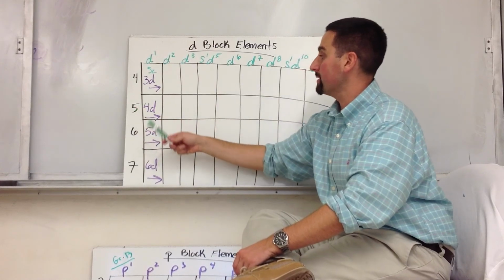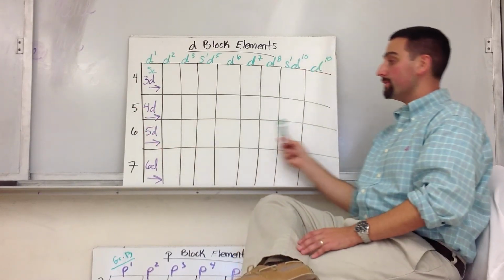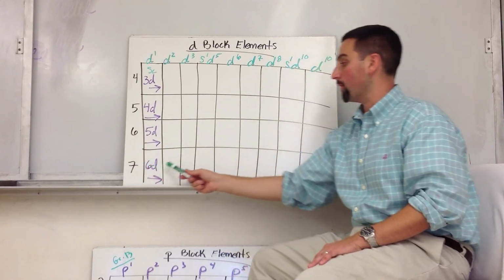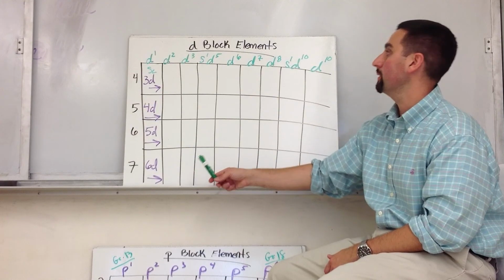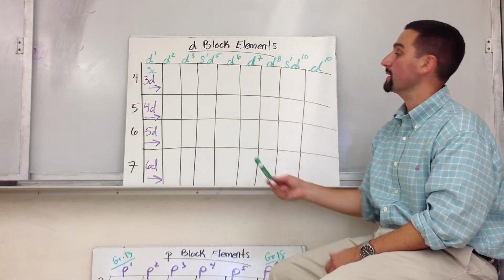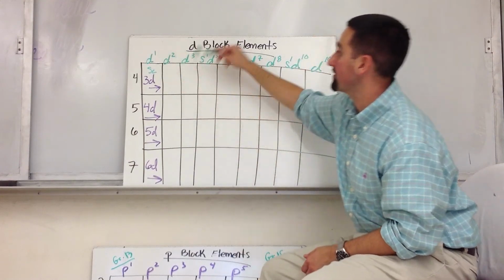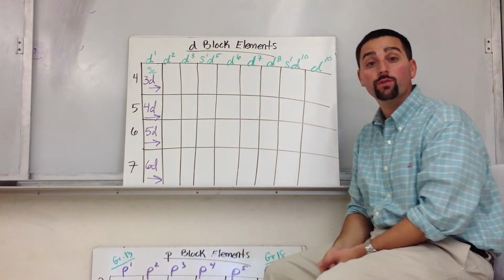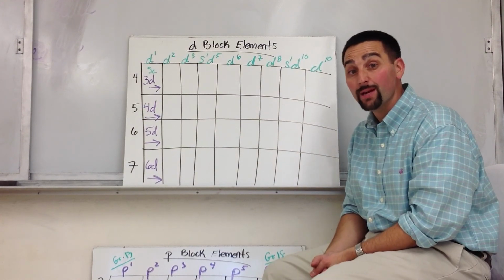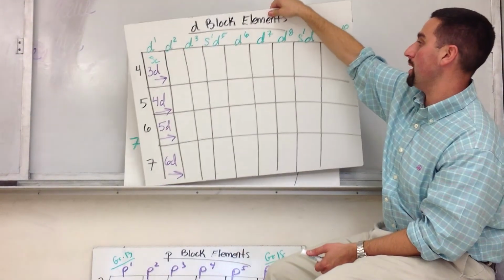The 5th row ends in 4d, the 6th row ends in 5d, and the 7th row ends in 6d. Once again, there's 10 groups because there's 5 d orbitals and each one can hold 2 electrons, and 5 times 2 is 10.